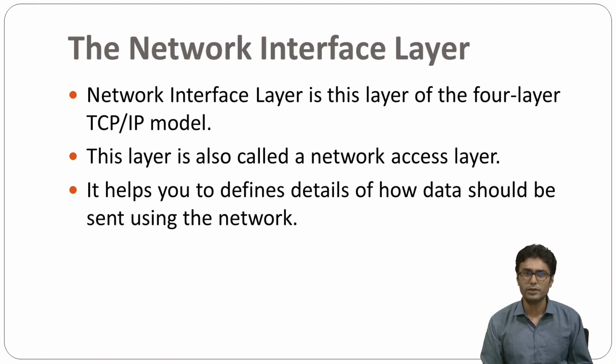Then it also includes how bits should optically be signaled by hardware devices which directly interface with a network medium like coaxial, optical fiber or twisted pair cables. Then a network layer is a combination of the data link and physical layers of the OSI reference model. So actually this layer defines how the data should be sent physically over the network. This layer is responsible for the transmission of the data between two devices on the same network.